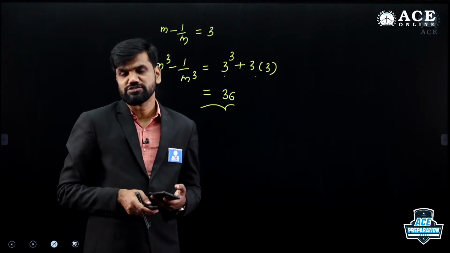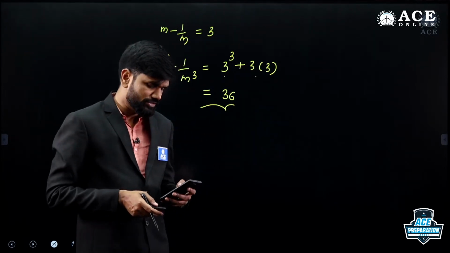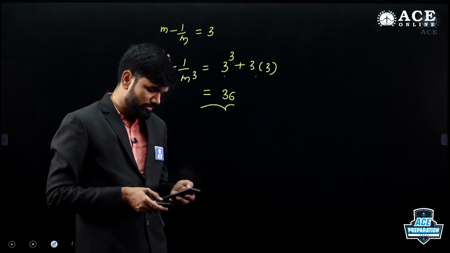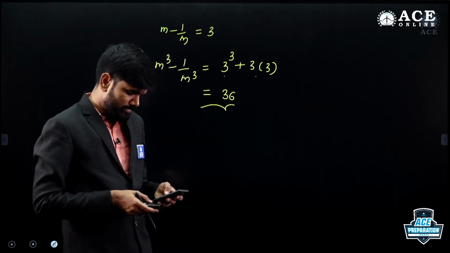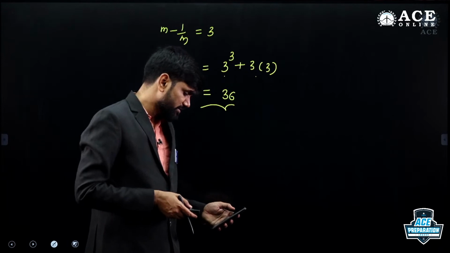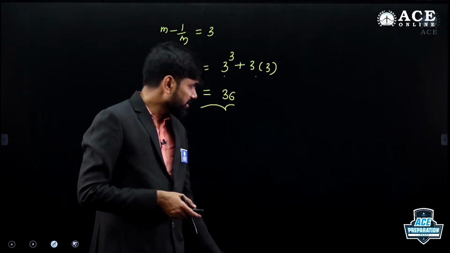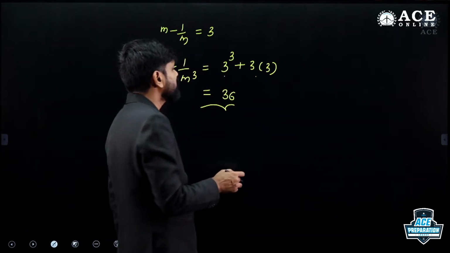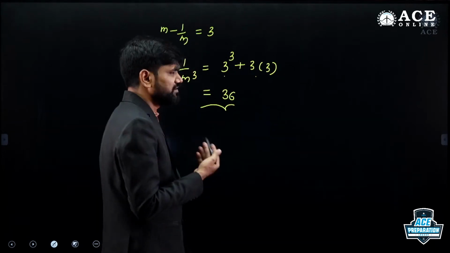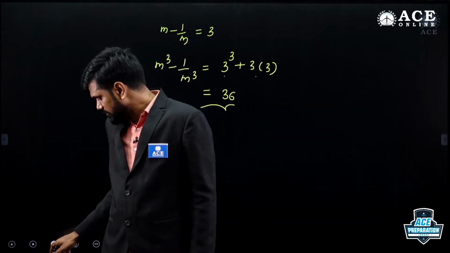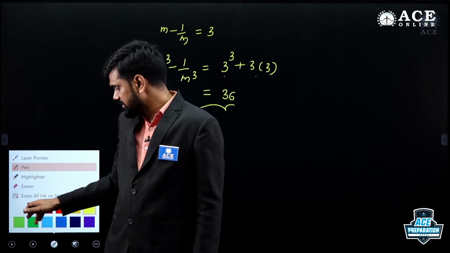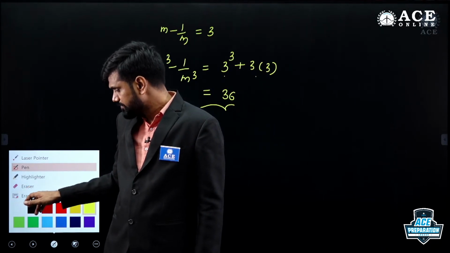So there is one shortcut also. With experience we can do one thing here. I'll just tell you that if at all you are having power 4, how you can directly get x plus 1 by x or x minus 1 by x. Let me tell you.